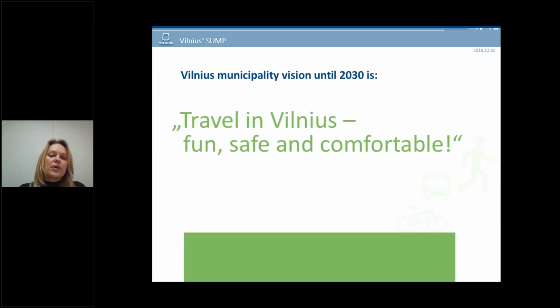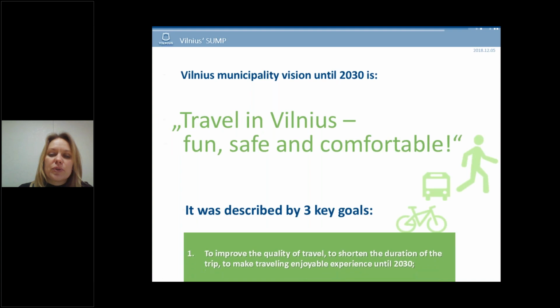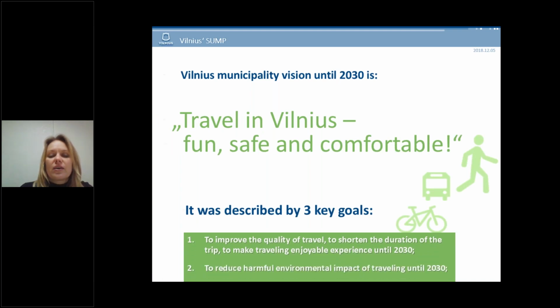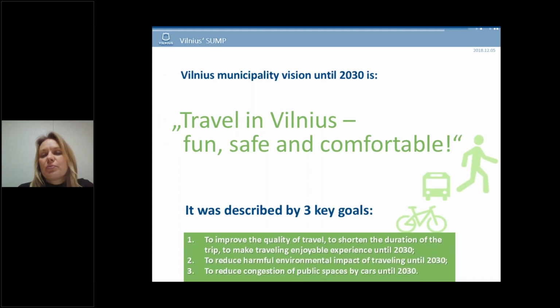So this was our methodological approach, and as I said, the very important thing was to agree on the vision. We know that Vilnius has a common vision for the city in all the spheres to be open and fast, but for traveling we didn't see speed as the only priority, so we positioned the vision for Vilnius a little bit differently.